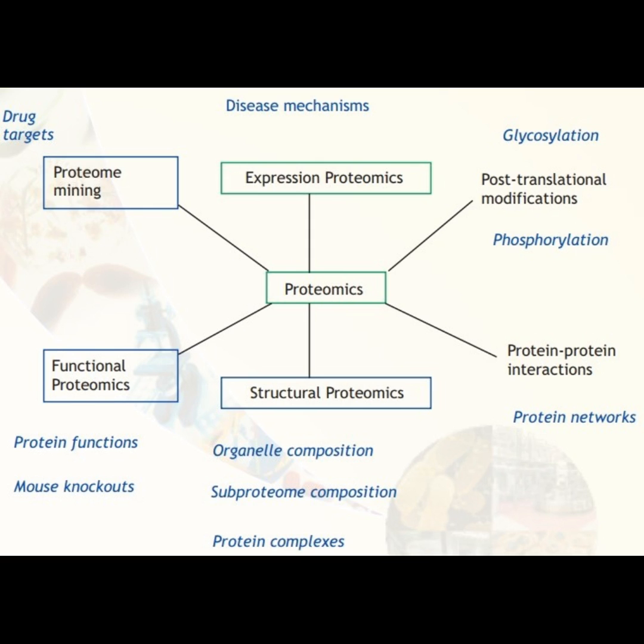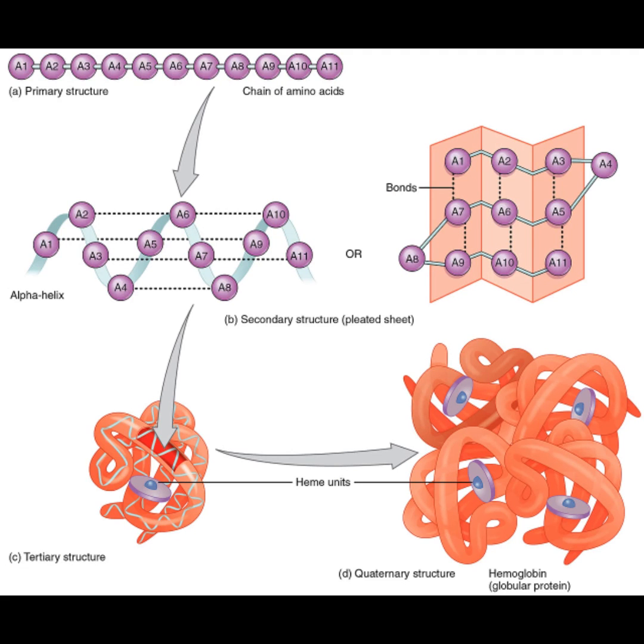Okay, we can identify protein interactions by different technologies like affinity purification, mass spectrometry, and yeast two-hybrid system, which are particularly useful for knowing about the interactions of proteins.